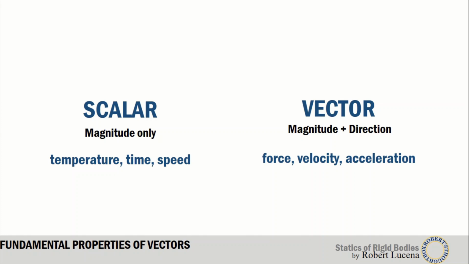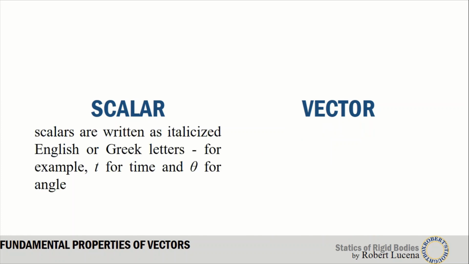Again, the difference of scalar is that scalar has no direction. So if you're trying to explain or analyze temperature, definitely it has no direction, whereas if you're analyzing the velocity of a certain object, its direction must be defined. Scalars are written as italicized English or Greek letters.